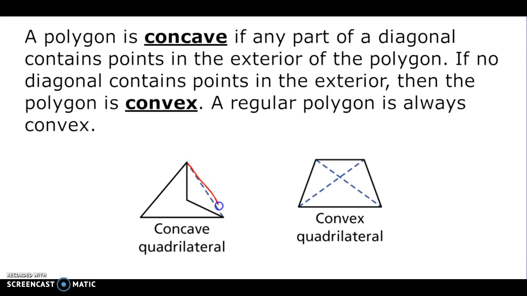See how this diagonal goes outside of the polygon? That's how you know it's concave. Even though this diagonal stays inside, they have one that goes outside, so it automatically makes it concave. Convex, every single diagonal has to be inside the polygon.